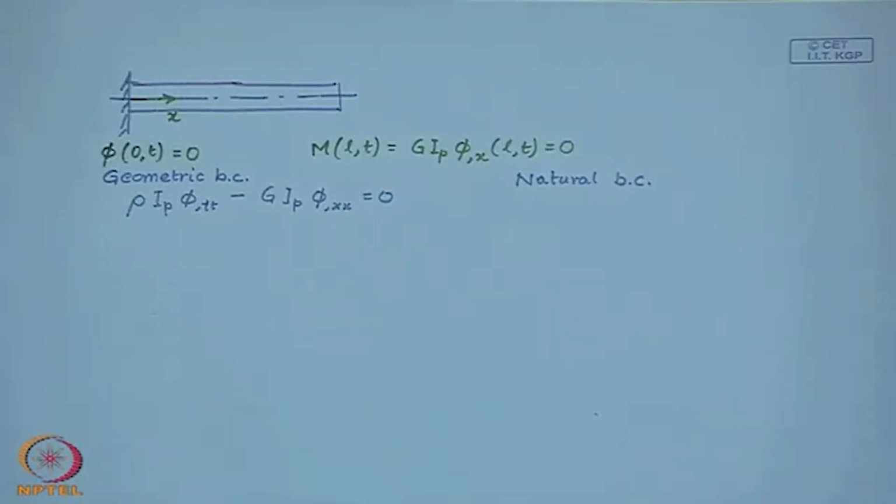So, with this we complete our discussions on axial and torsional vibrations of bars. Now, to summarize, we have considered axial vibrations of bars, we have derived the equations of motion, and we have seen the boundary conditions of two types, namely the geometric boundary condition and the natural boundary condition.